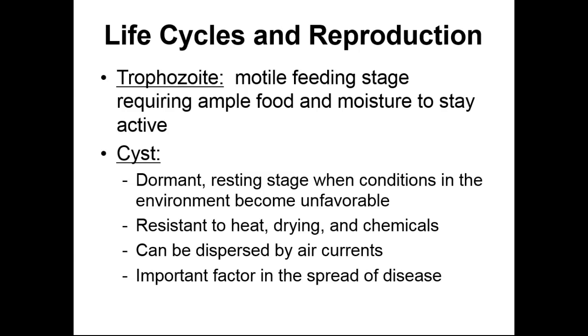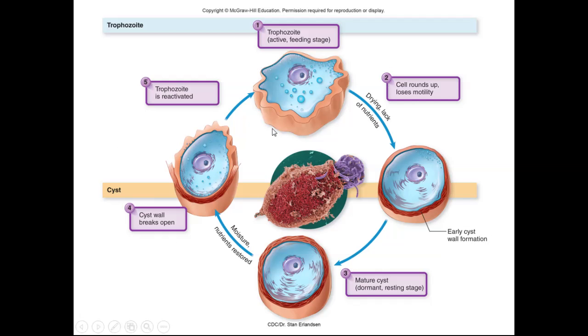These protozoal cysts can be dispersed by air currents and or water currents, which is an important factor that we as humans need to consider in limiting the spread of diseases. Here we can see a trophozoite that's actively moving and feeding, and then it's experiencing some harsh environmental conditions.